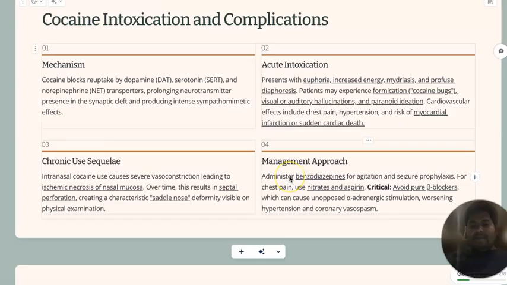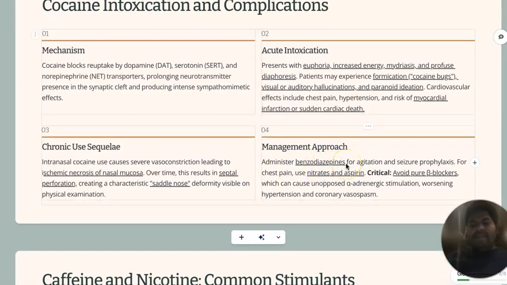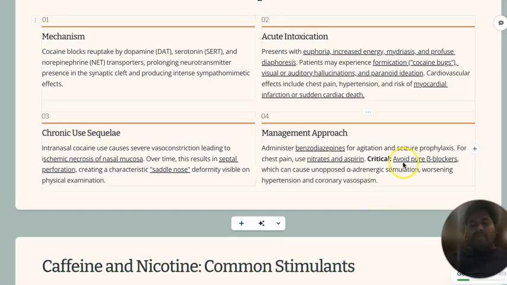And again, the management mechanism is similar. We give benzodiazepines, and if you think about chest pain and myocardial infarction, then you obviously start nitrates and aspirin. But we will always avoid pure beta blockers.